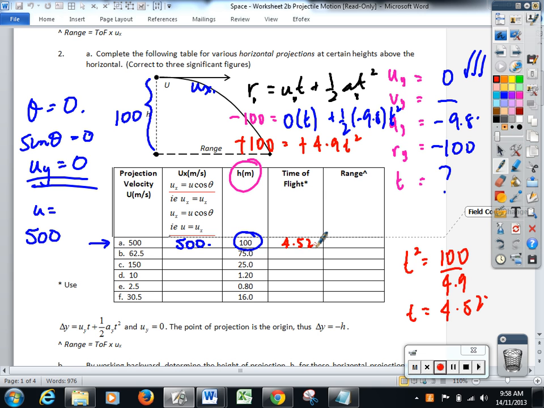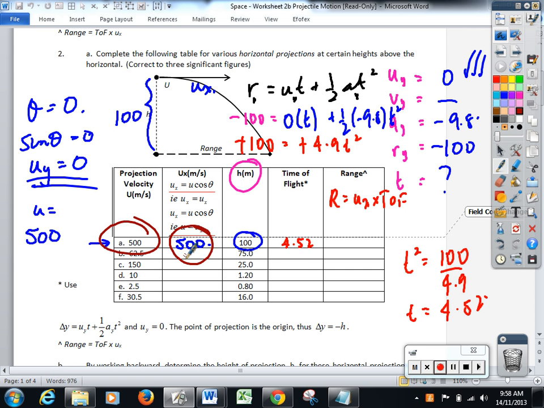Okay. Now range is always ux times the time of flight. So we know that ux is 500, and don't forget that the projection velocity, because it is horizontal, we've classified this motion as horizontal projection, that u, the projection velocity, and ux are the same.